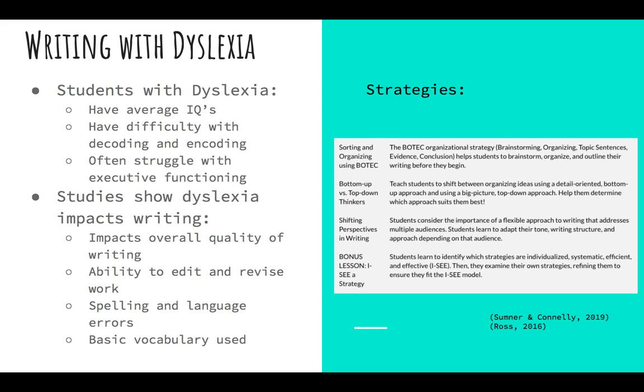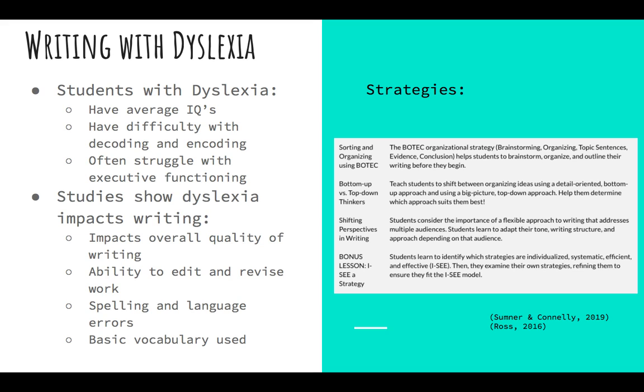Some strategies to help them are different things such as brainstorming, organizing, making sure you have topic sentences. These are all executive functioning strategies to help these students. There's different ways, shifting perspective, like being flexible with writing.